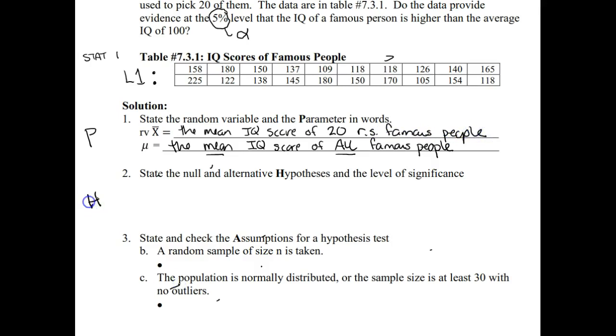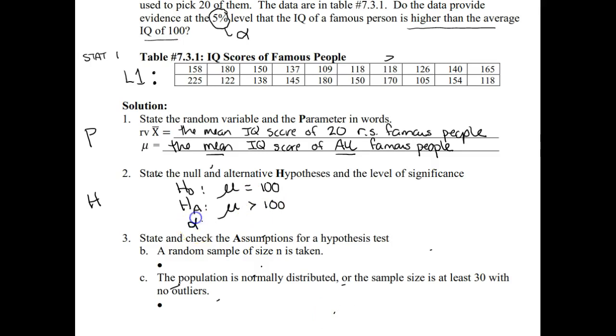All right, so the H in PHANTOMS stands for hypotheses, so we're going to set up the null and alternative hypotheses. H sub 0 is going to be that mu equals 100, and the alternative, we wanted to show that this mean IQ score was higher than 100, so greater than 100.